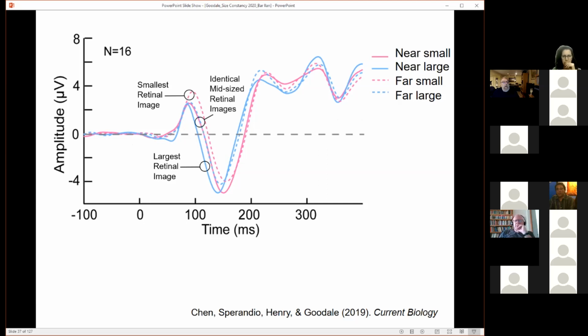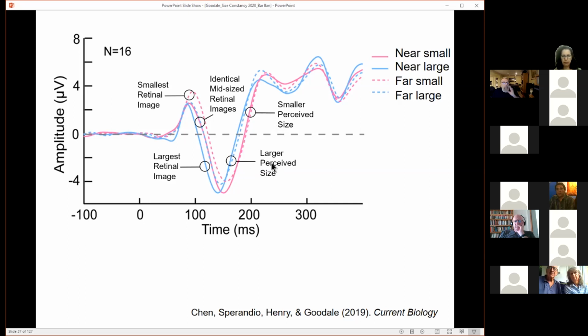But as time marches on and the ERP passes 150 milliseconds after the onset of the stimulus, what you can see is that now the signals group by the real world size. So the smaller perceived size, whether it's near or whether it's far, are lumped together, and similarly the large stimuli are lumped together, whether they're near or far from the observer.